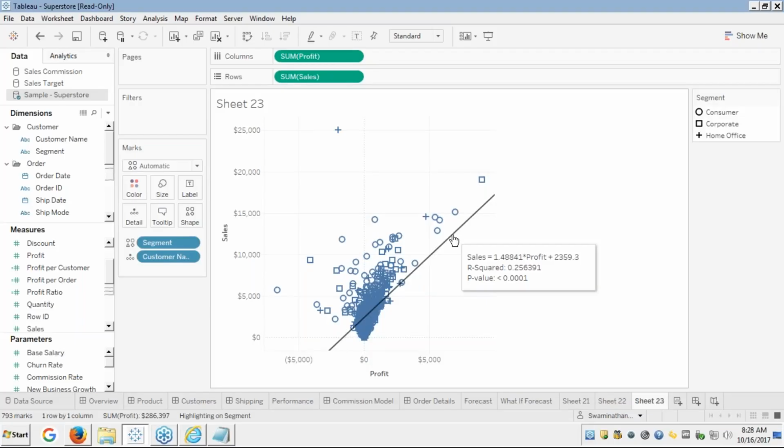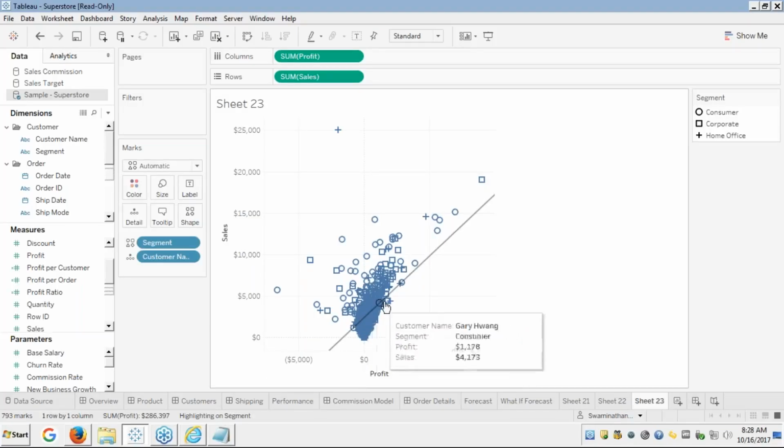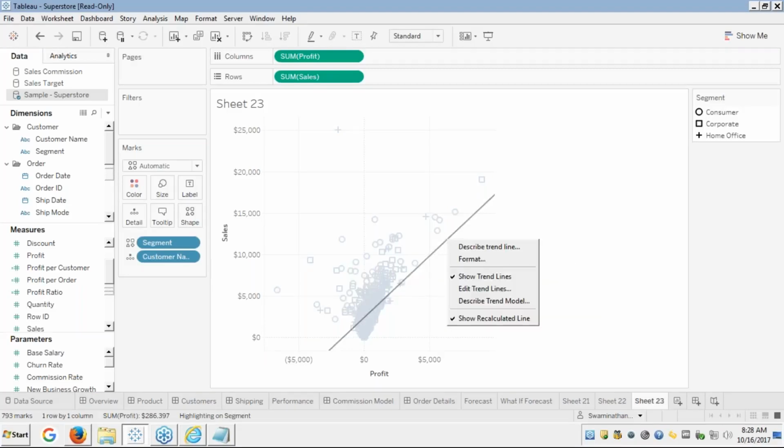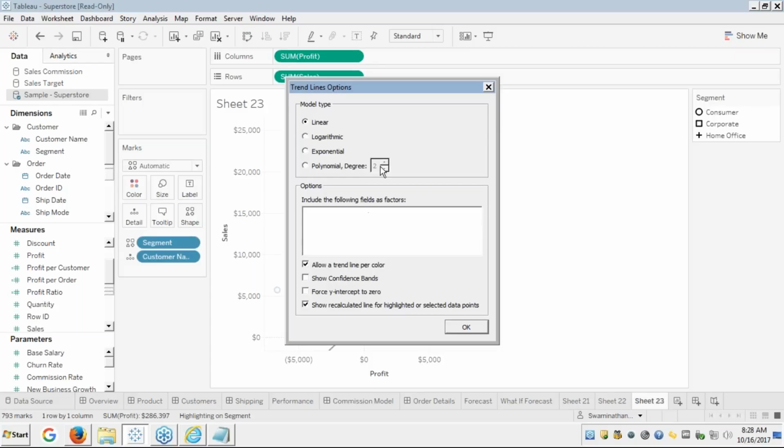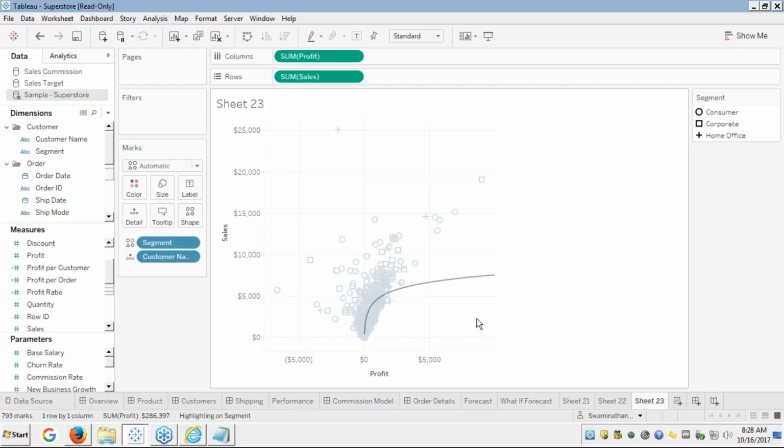So my logarithmic model was more appropriate compared to this linear model in this case, because my data initially was low, then it stepped up and then it levels out. In a linear model we are not able to represent that, we can only represent it in the form of straight lines. So in our case, the logarithmic model was better than the linear model.